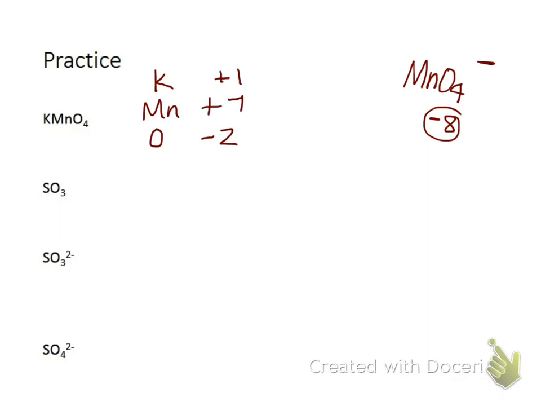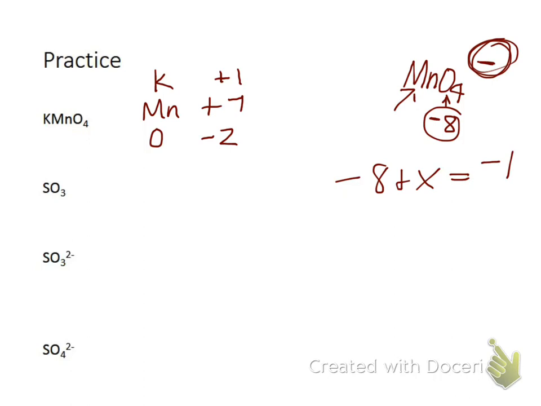Can you explain how you got the negative, if it's just a negative at the top? I'm talking about my charge of oxygen is a negative 8 because I have 4 of them. So this is a negative 8. We're trying to figure out what the charge of that is. The overall charge is this right here. So overall, I say negative 8 plus whatever that is has to be equal to a negative 1.